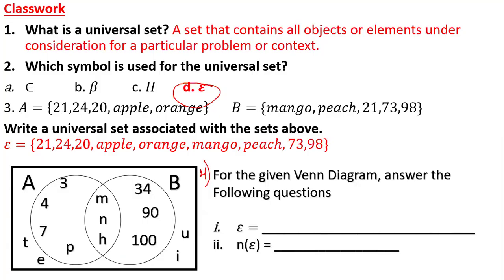Good. So let's answer the first one, all right? We want to figure out what are the elements in the universal set. So go ahead. Malik, go ahead. Give me the elements that are inside the universal set.